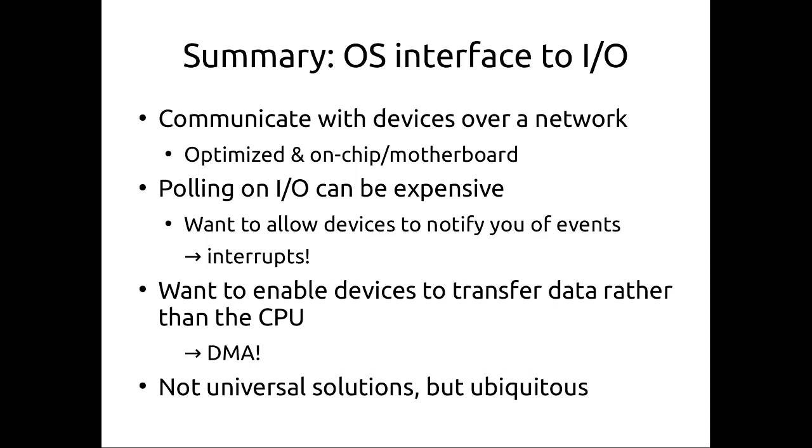The sum total of all of these techniques is that the CPU itself can run at its native and fast speed, and the devices are given some intelligence to be able to transfer their data directly into memory, or, I didn't really talk about it here, get data directly from memory.